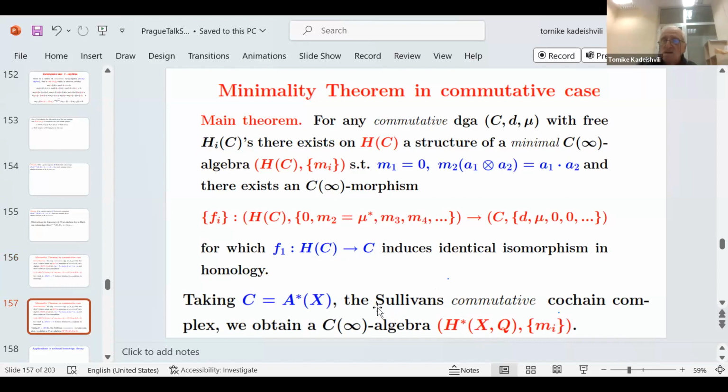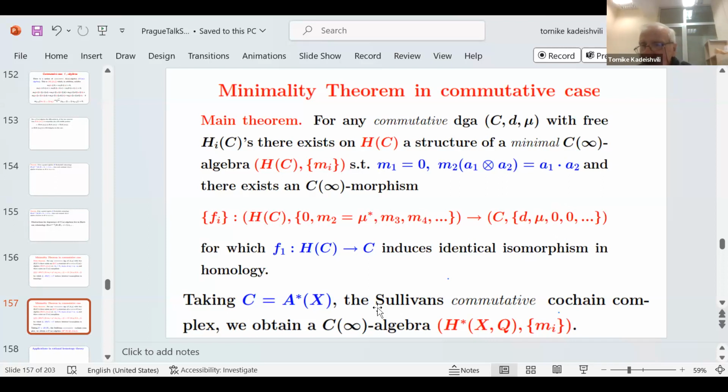In the middle of the 70s, Dennis Sullivan introduced his rational homotopy theory. The whole day I am talking that topology is complicated. Its algebraic model is easy. But there is no way to produce an algebraic model which is so rich that it carries full information about the starting topological space.